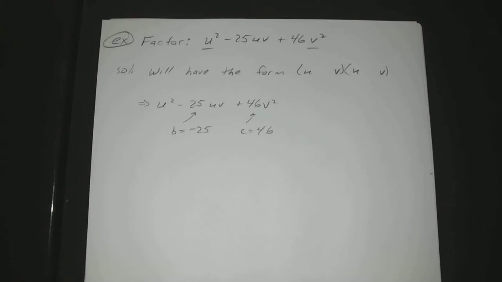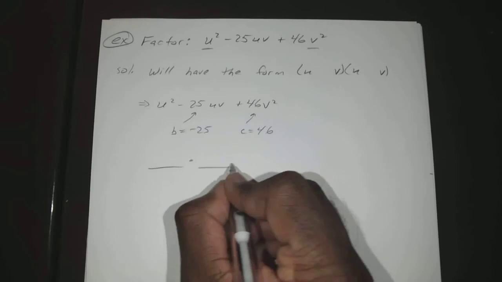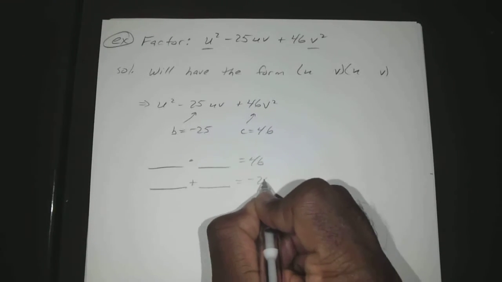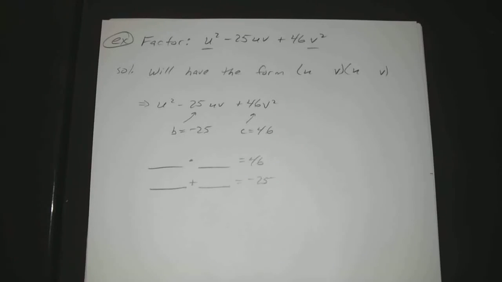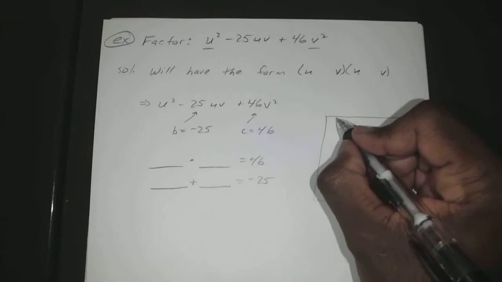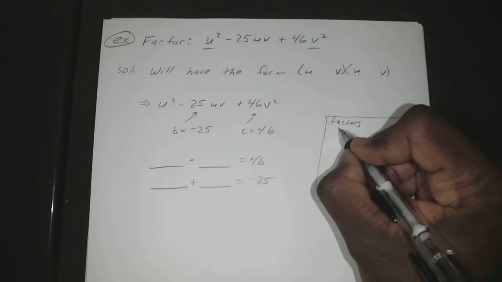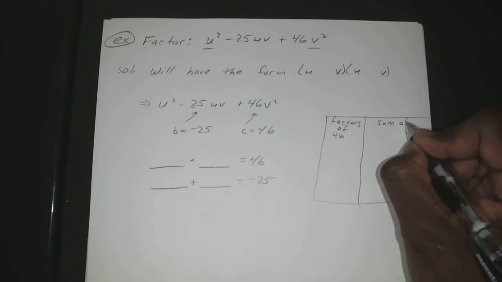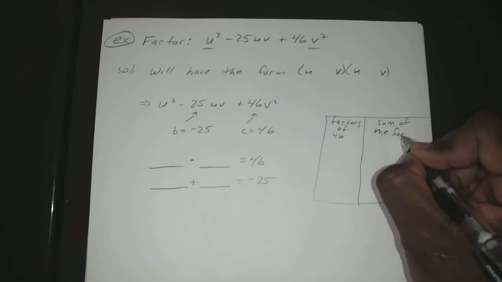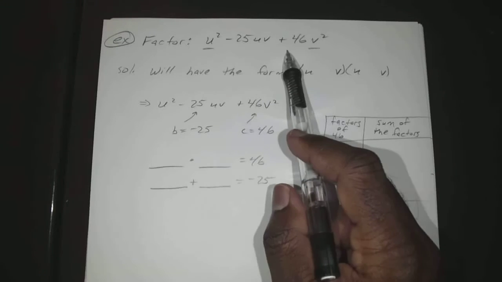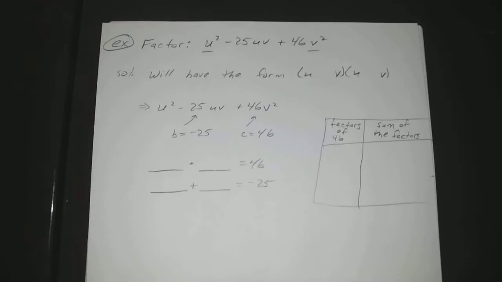So we have to find two numbers that multiply to equal 46, and those same two numbers have to add to equal negative 25. If we look at our factors of 46 and the sum of the factors, we know that this is positive, so both of them will have to be negative, because when we multiply them together, they have to be positive.